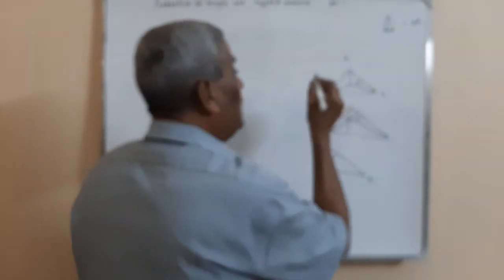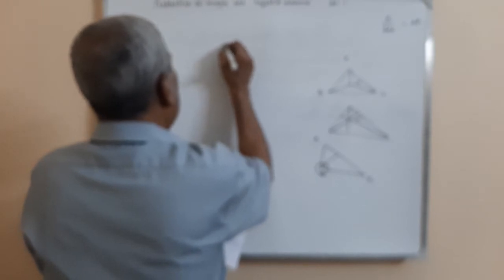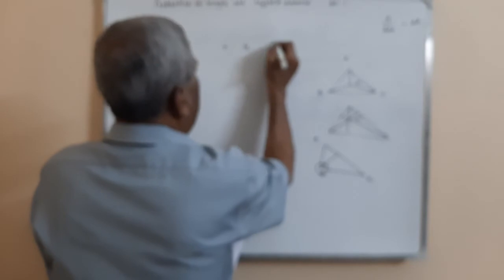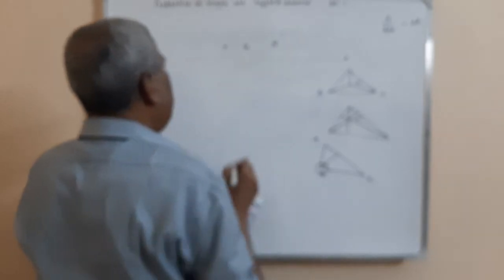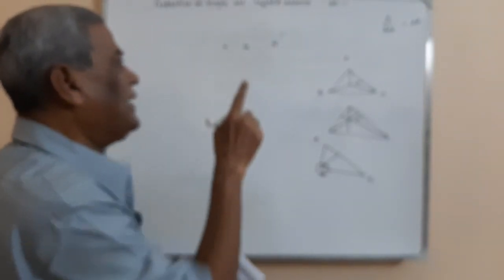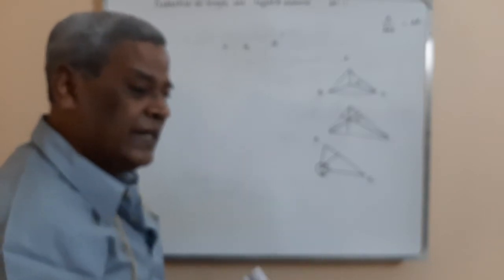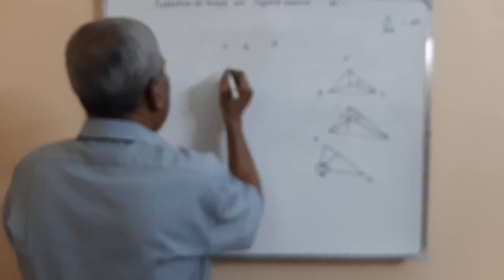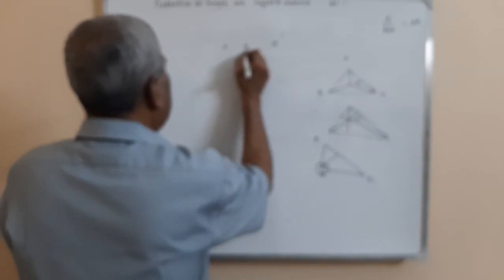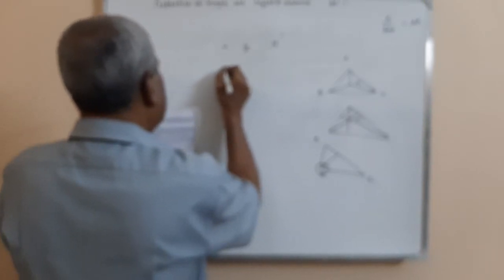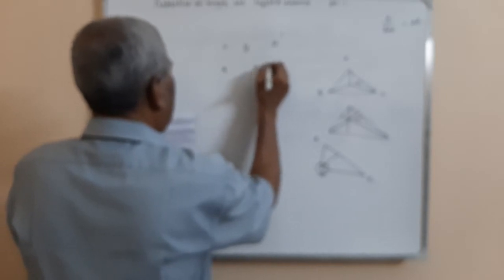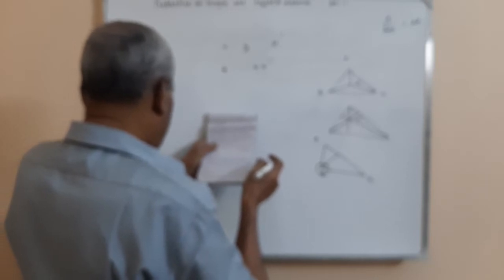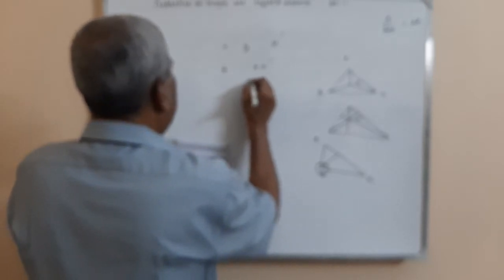So what I told you here, the circumcenter O, centroid G, and orthocenter O dash, for any triangle, these 3 points will always be collinear, and G divides O dash, G divides O dash internally in the ratio 1:2.